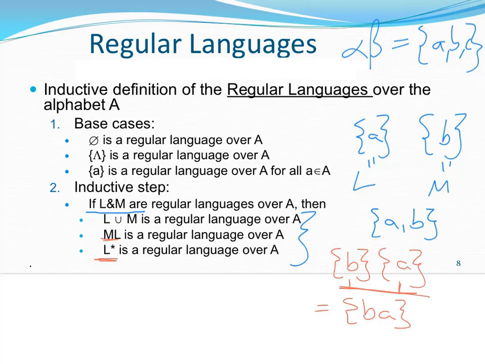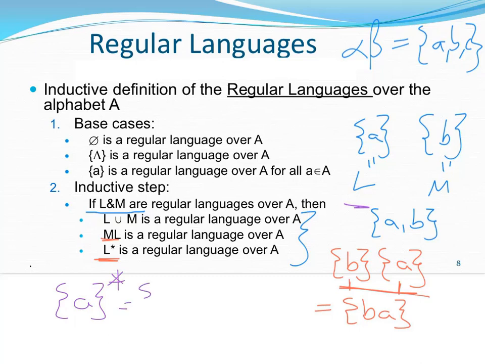Now this is interesting because this tells us that we can have languages that are infinitely long. So for example, if we just change color one more time, we know that this is a regular language, right? And this last rule here tells us that if we have a regular language, we can also star it, right?